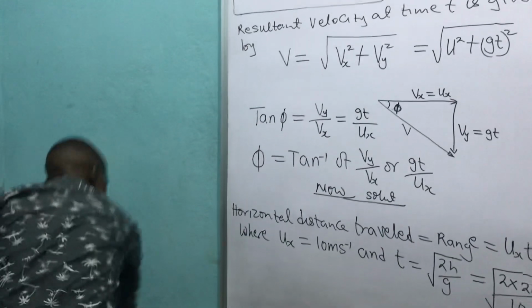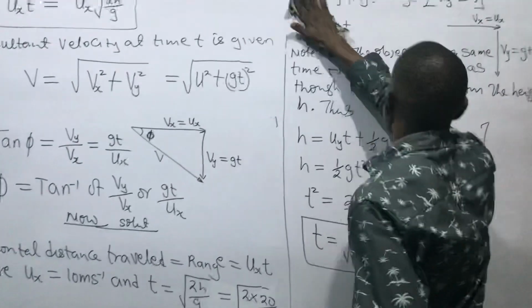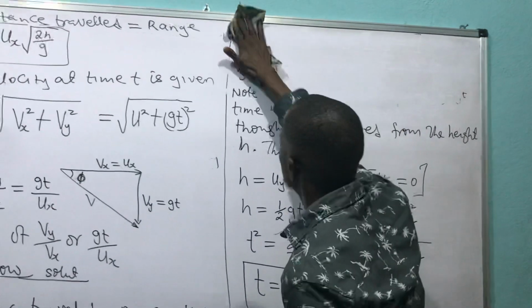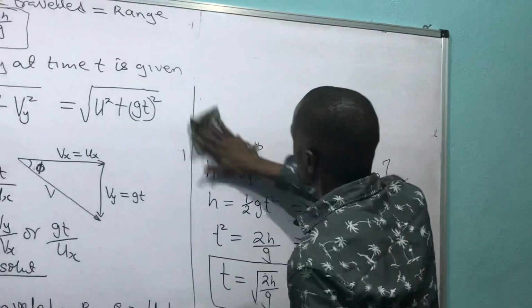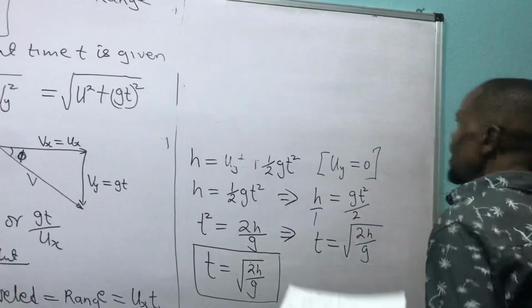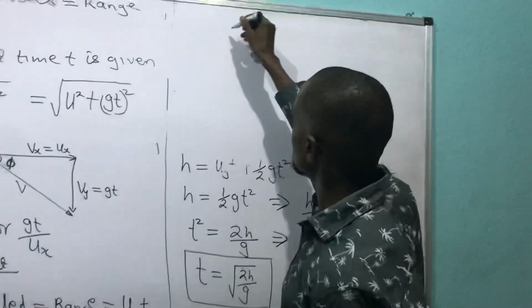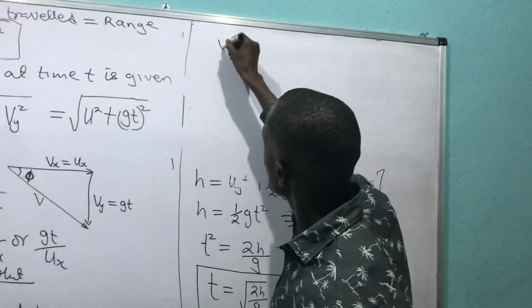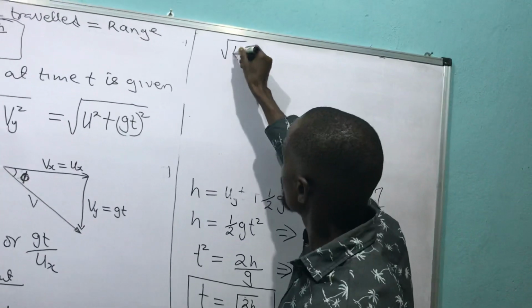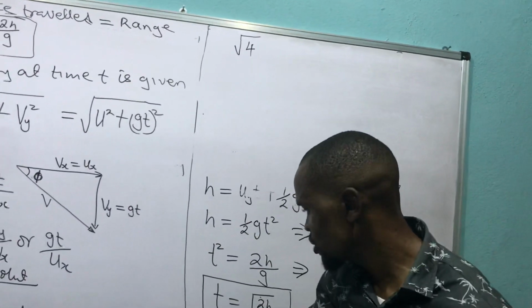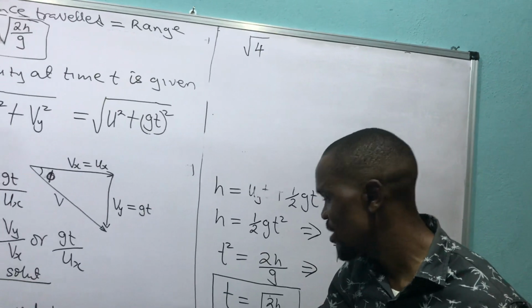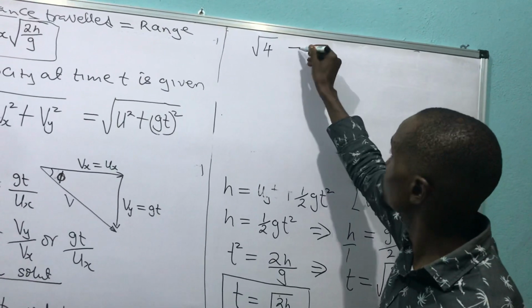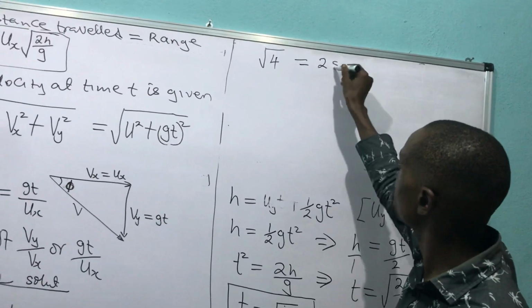Then now we can complete it here. This gives me the square root of 4, because 2 times 20 gives me 40, and 40 divided by 10 will give me 4. The square root will give me 2 seconds.